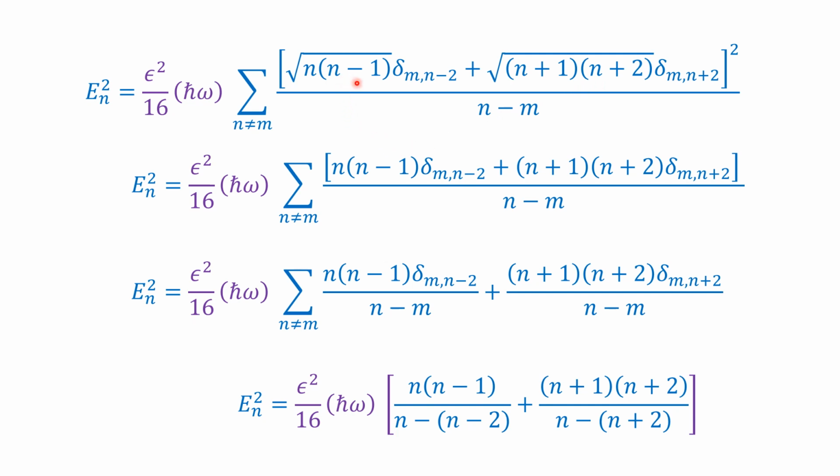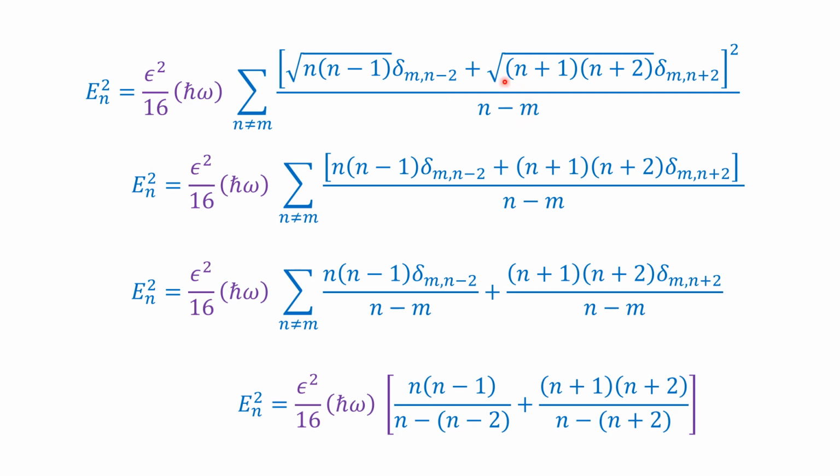So I am taking a square of this one, that is n into n minus 1, this Kronecker delta, and this is n plus 1 into n plus 2, this Kronecker delta.